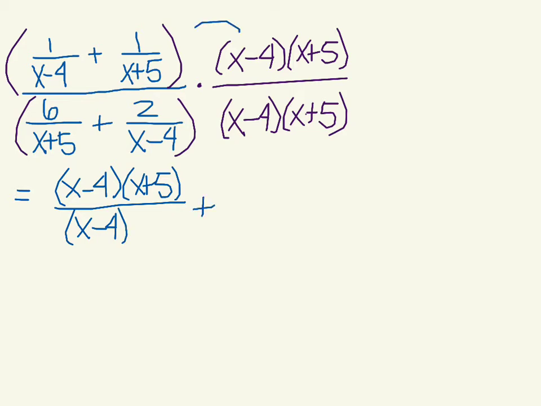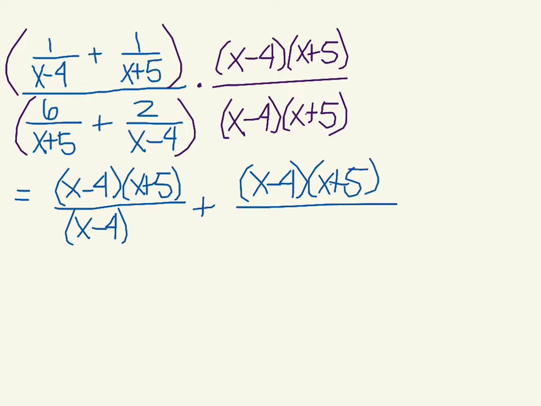And doing the same thing to the second fraction is going to give me x minus 4 times x plus 5 over x plus 5. Now it's still important to remember that this is still all over.